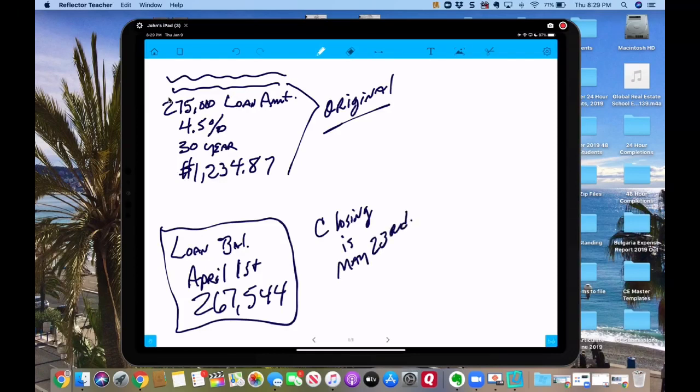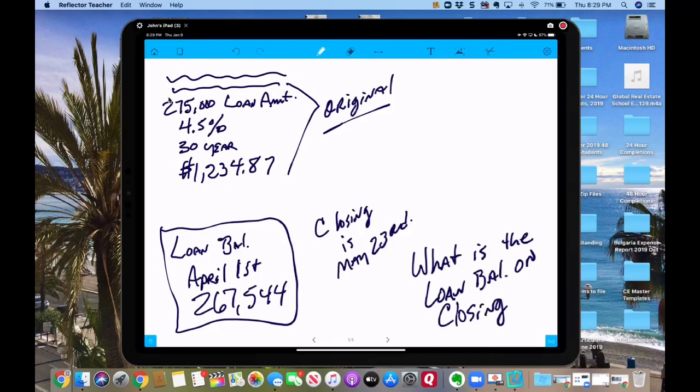And here's what you're going to have to answer: what is the loan balance on the day of closing? Or in other words, what's going to be required to pay off the seller's loan?